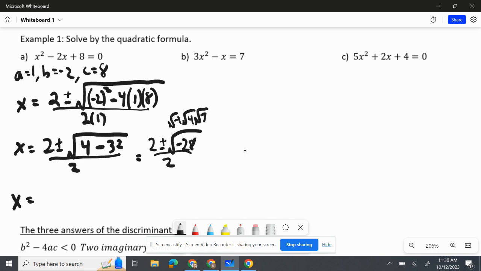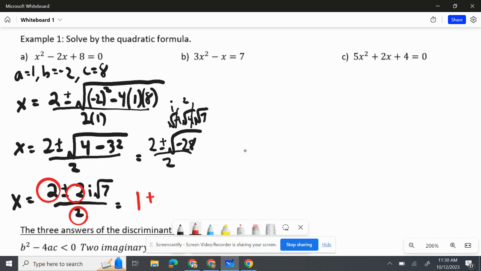So x equals 2 plus or minus the square root of 4 is 2. The square root of negative 1 is i, so that would be 2i square root of 7, all over 2. Now, if we divide all of the terms by 2, that gives us 1 plus or minus i square root of 7.